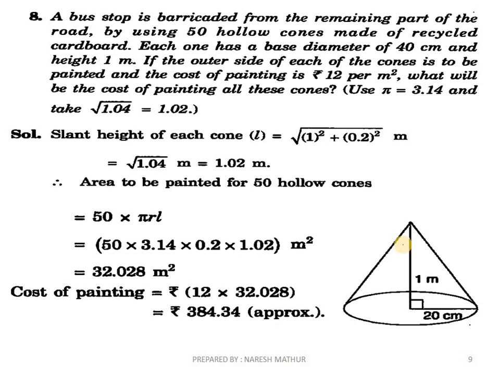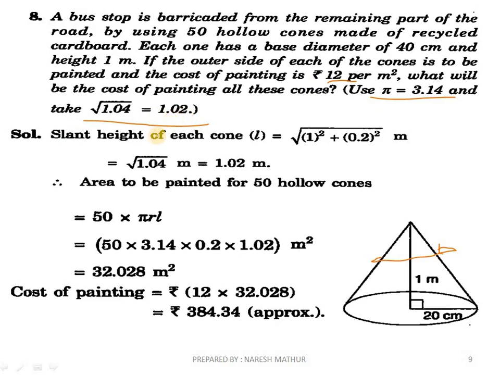If the outer side of each of the cones is to be painted and the cost of painting is 12 rupees per meter square, only outer sides to be painted means we are dealing with the curved surface area. What will be the cost of painting all these cones? Total 50 cones are given. We need to use pi as 3.14, and it is also given that root of 1.04 equals 1.02.